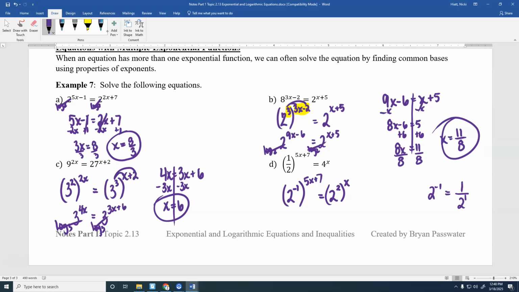So once you get these written with the same base, you're just going to multiply those exponents. So you'll get 2 to the -5x minus 7 equals 2 to the 2x. And a log base 2 can now cancel those out. And I'll have -5x minus 7 equals 2x.